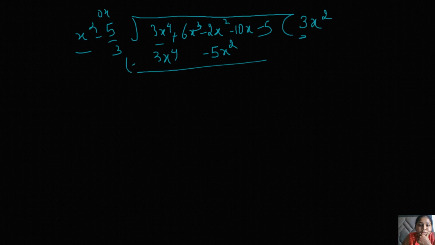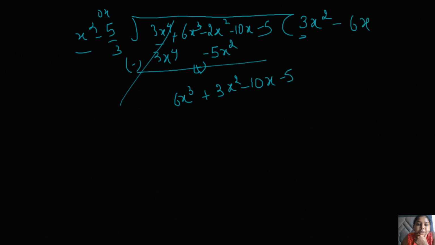Just change the signs for the elimination method, and you will be getting 6x^3 + 3x^2 - 10x - 5. Similarly, you will be writing here 6x. When we divide this term by this term, we will be writing 6x, and 0 will be 0.